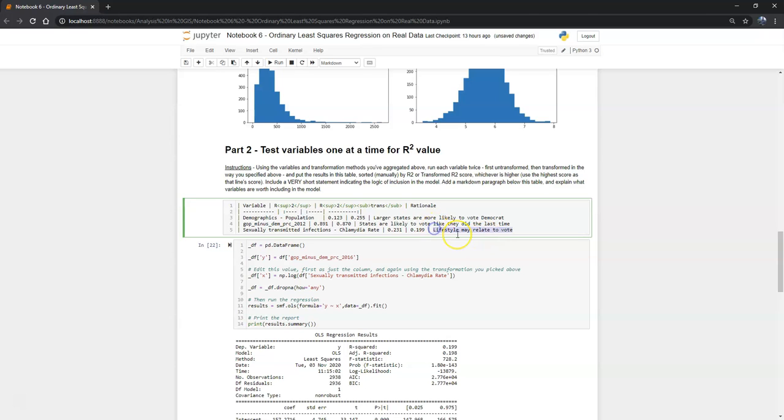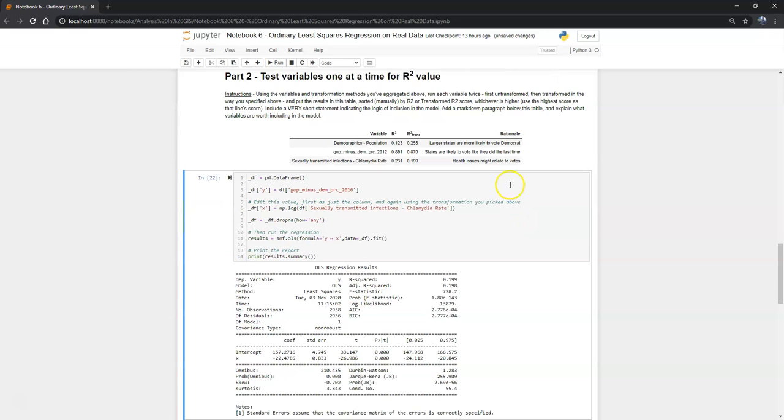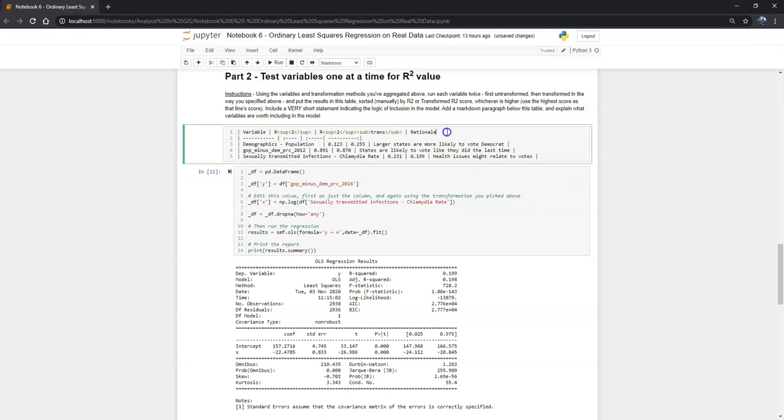Maybe health issues might relate to votes. Whatever it is that you think is a better response here, feel free to fill in. And it is nice to have pipes at the end, although you can see that it didn't make a difference for how the table rendered. So, very forgiving syntax.